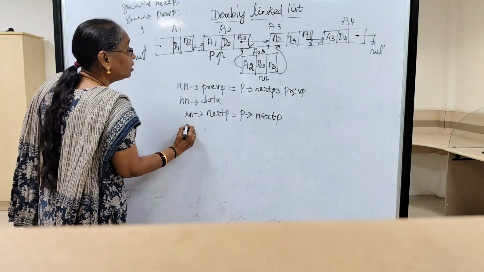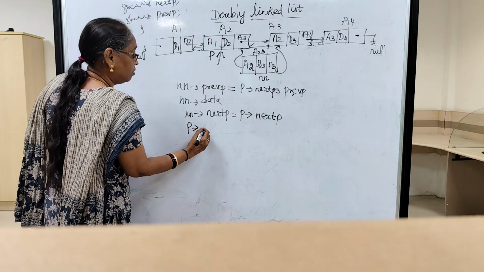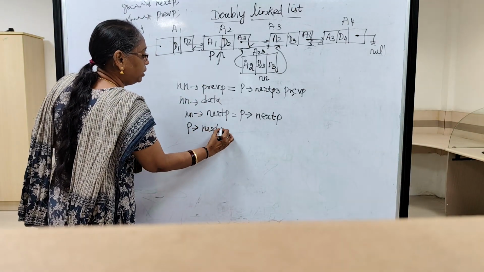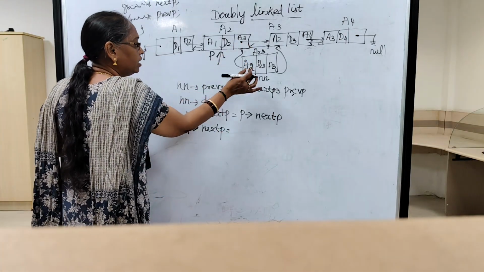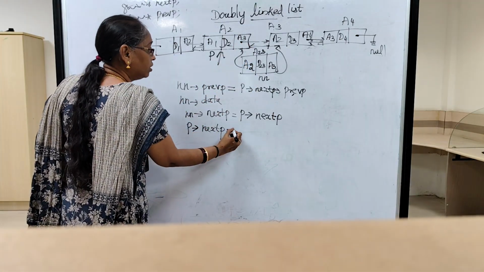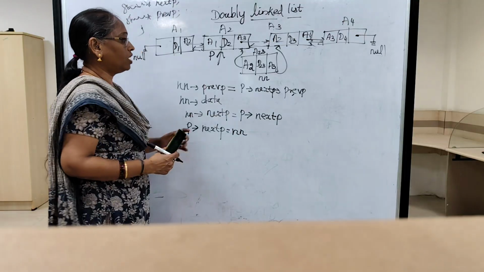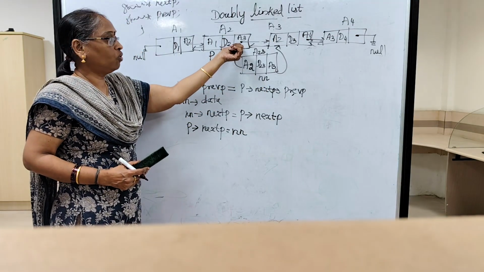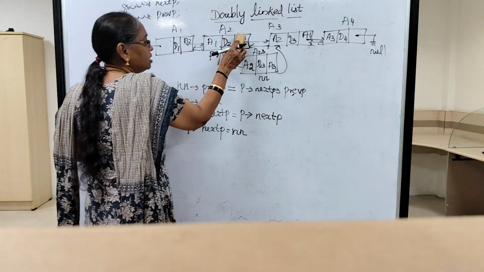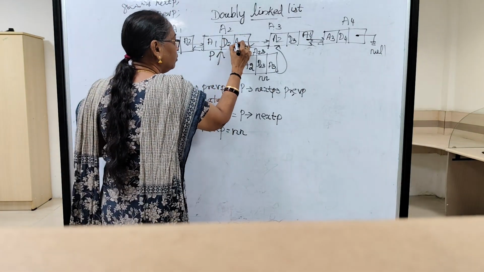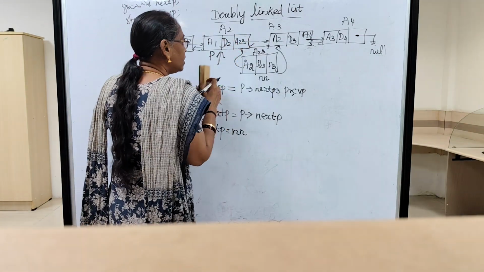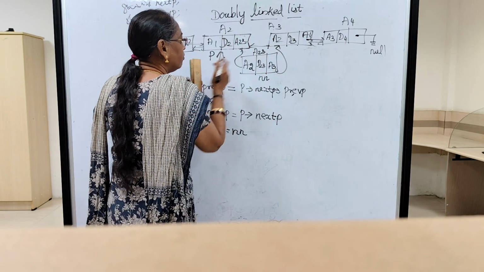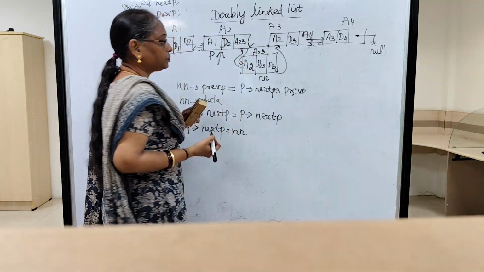So now P of next P, that is this pointer, should hold the address of A23. That is our NN. So NN will be the next node of this one. So this will contain A23, which means the next node of this will be changed to here.